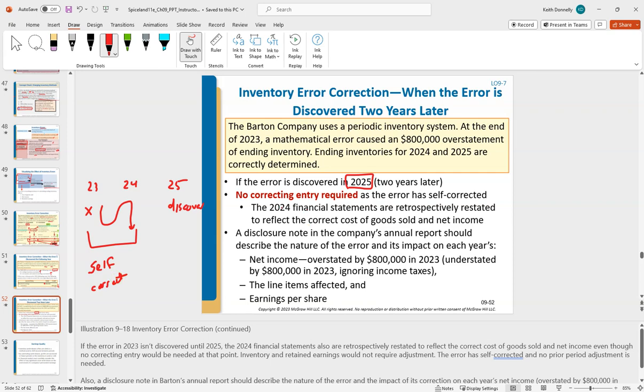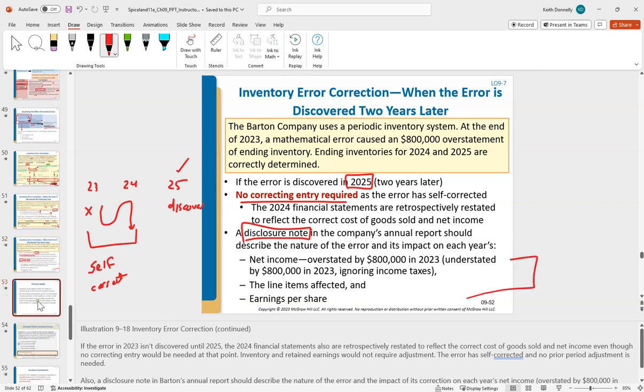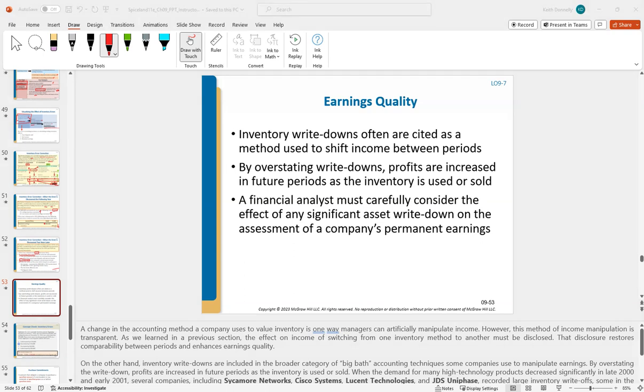Accordingly, because it's self-corrected, we don't need to make a correcting journal entry. All we're going to have to do in this situation in 25 is make a disclosure note, basically notate that this happened over here, okay?